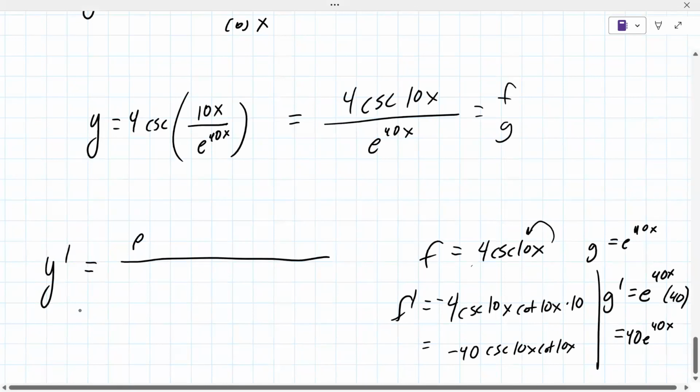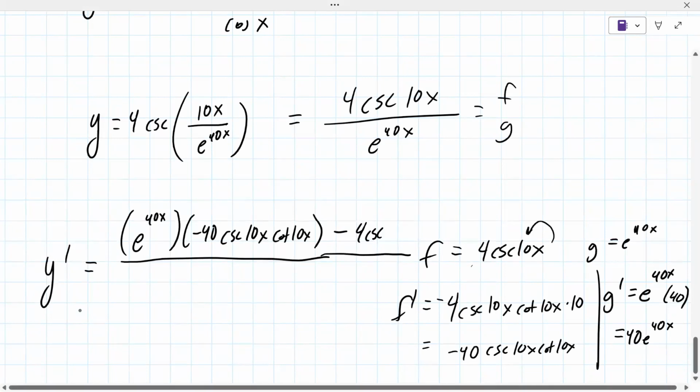So you've got e to the 40x times the derivative of the top, which is negative 40 cosecant 10x cotangent 10x, minus the top, 4 cosecant 10x, times the derivative of the bottom, which is 40 e to the 40x, over the bottom squared.